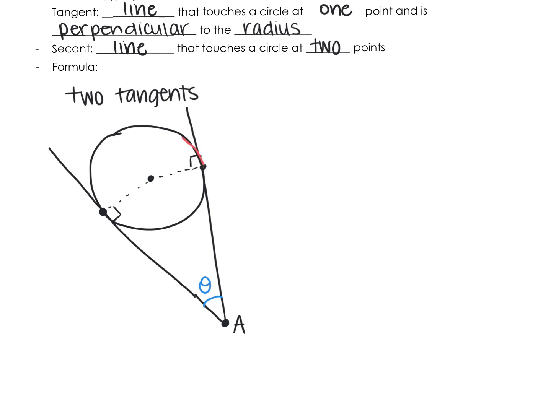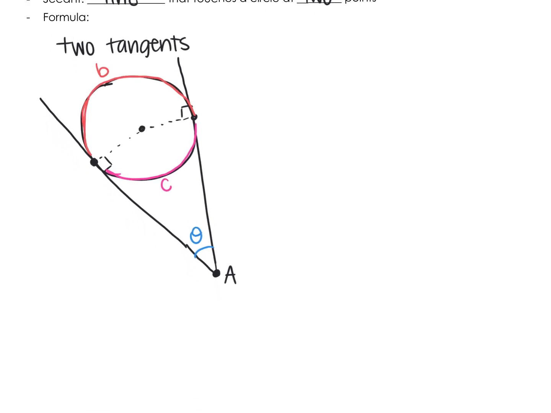And what I care about are the arcs created by those 2 tangent points. So I have one on the outside, and I have one on the inside. We'll call this B, and we'll call this C. Next, I'm going to draw 2 secants.